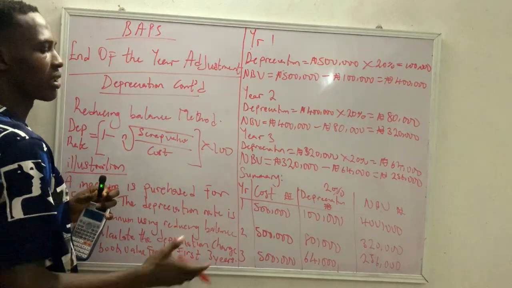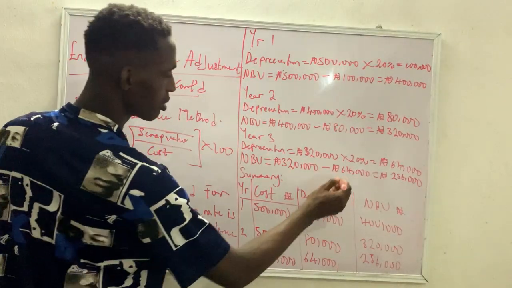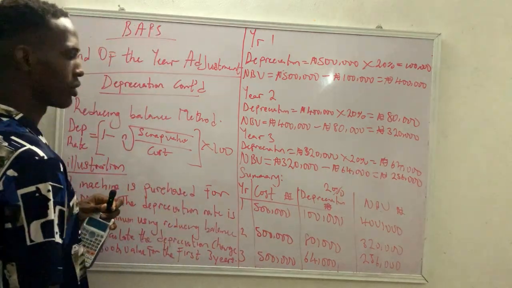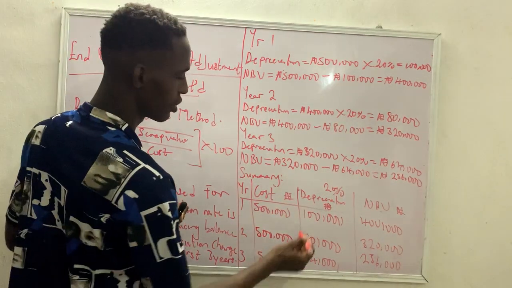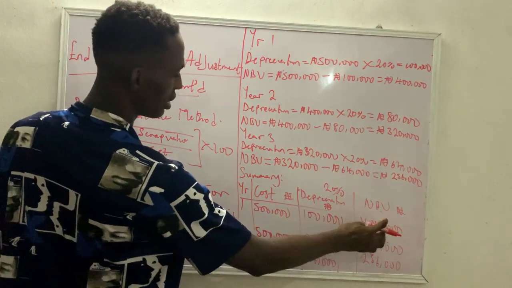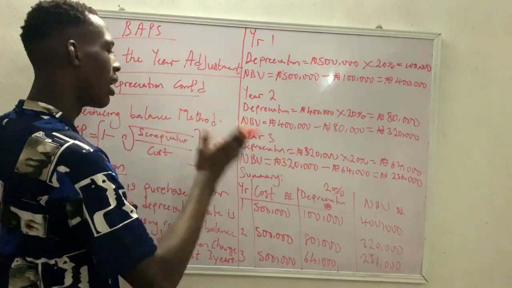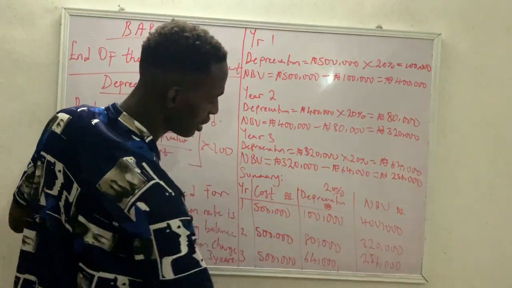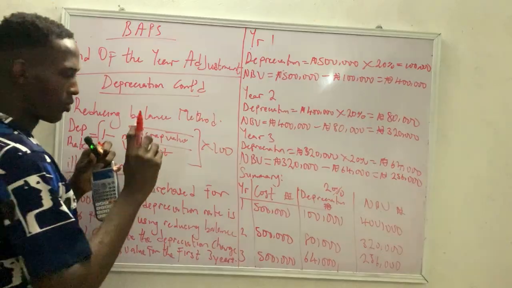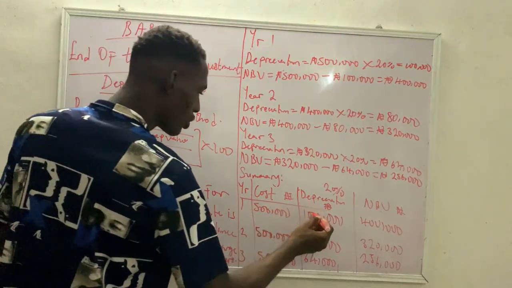Then we'll be deducting it from our accumulated depreciation. I'm supposed to give a slot for accumulated depreciation here, but you can write that in your notes. Then this 500k minus 100k remains the same, and our 100k will also serve as our accumulated depreciation for year one.